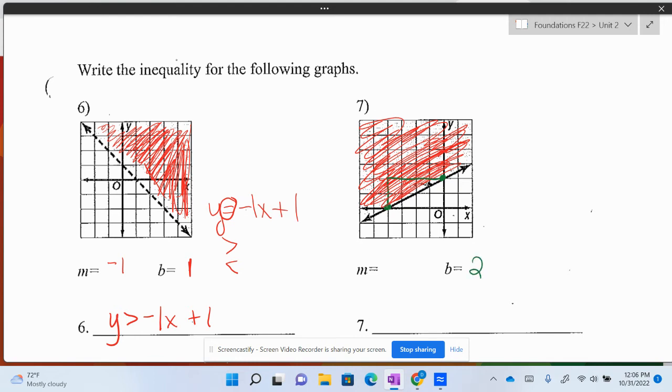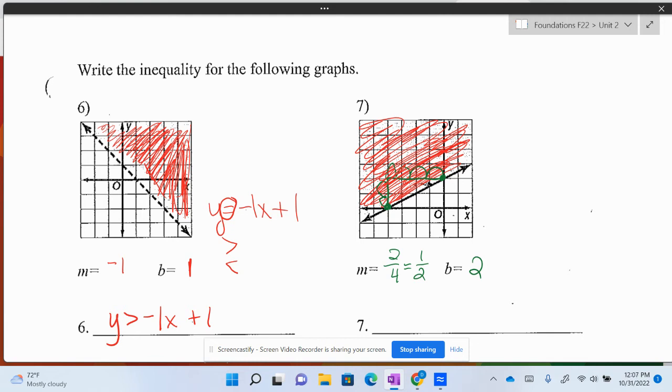Awesome. Yes, it's 2/4, which reduces to 1/2. Very good. So you go up 1, 2, over 1, 2, 3, 4. Do you see that?